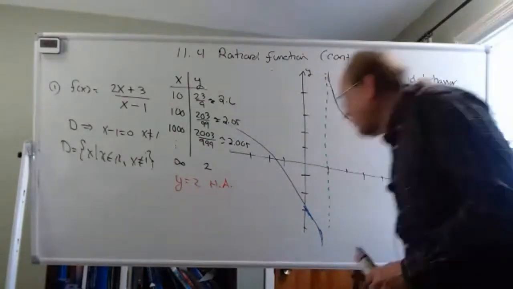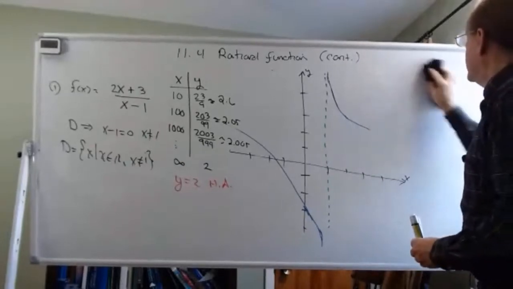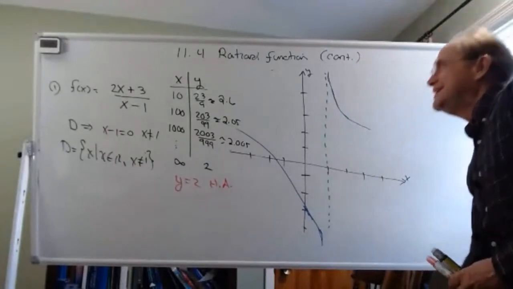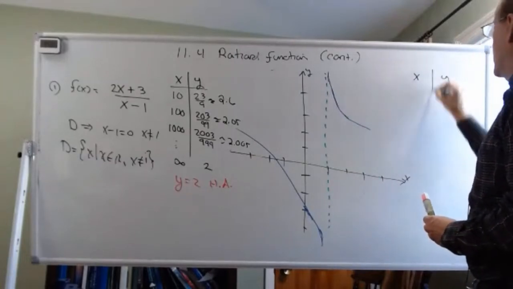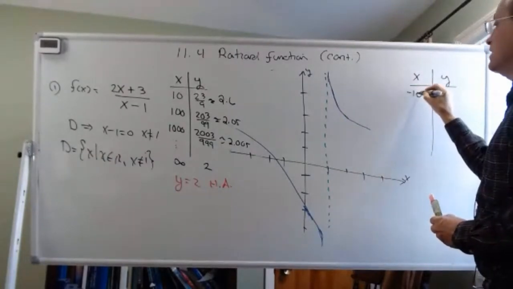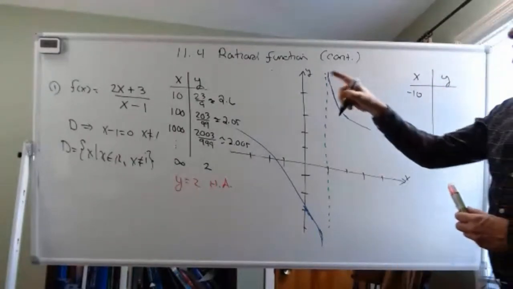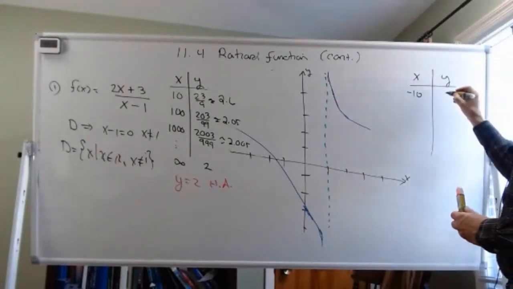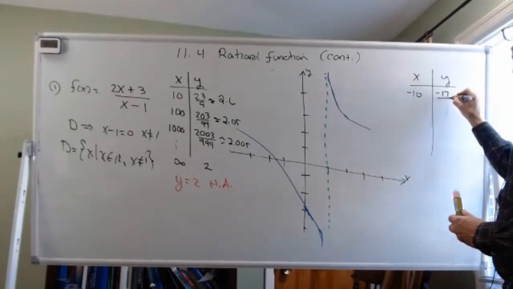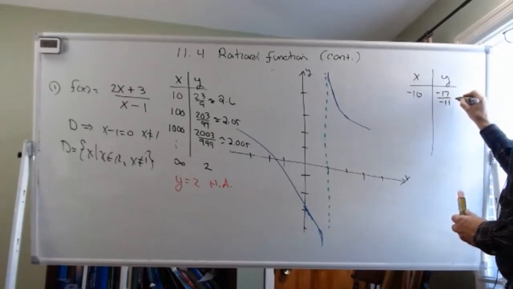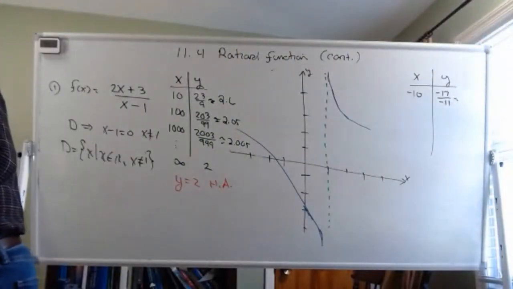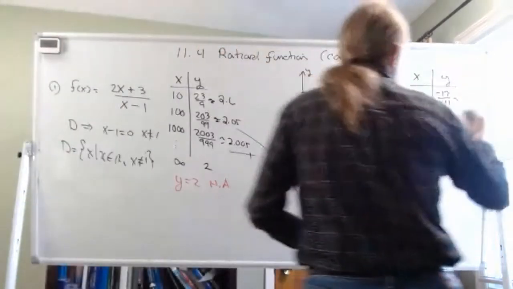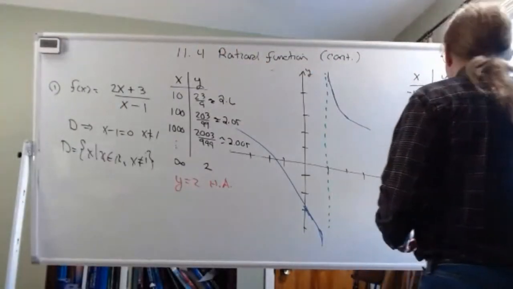Now, let's flip it around and do the other approach by now allowing x to go to negative infinity. So set up a little table over here, x, y, and let's put in negative 10 for x. And I get negative 17 over negative 11, and that's a positive, approximately 1.5.